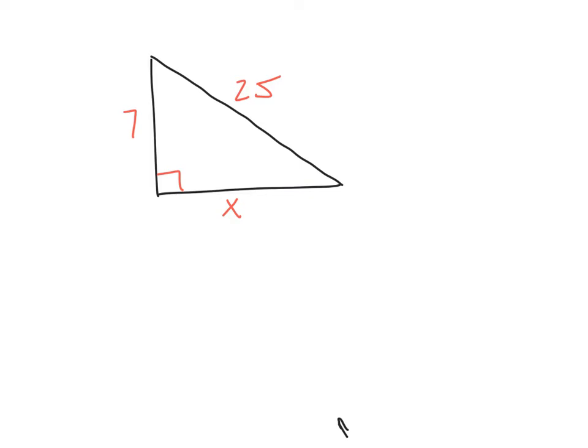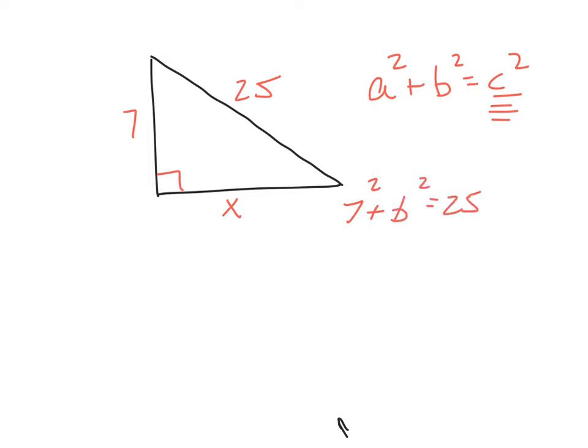Well, Pythagorean theorem. Remember, the hypotenuse is always this part right here. So a squared plus b squared equals c squared, and in this case it would be 7 squared plus b squared equals 25 squared.